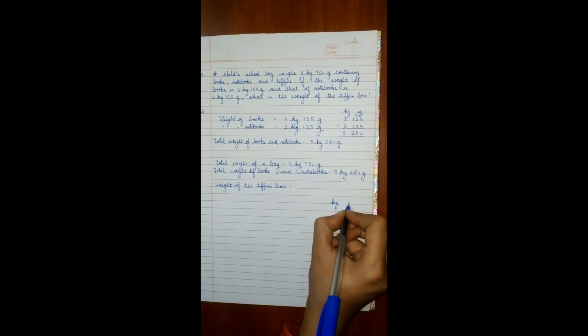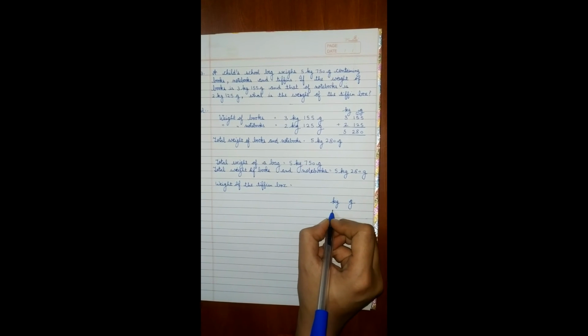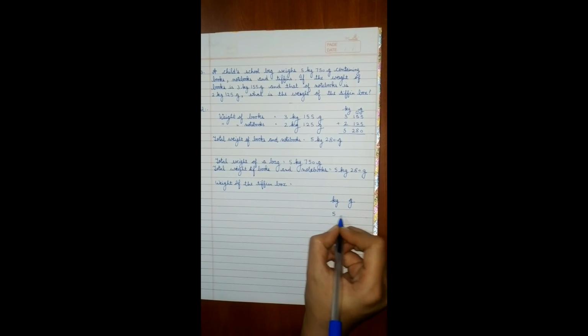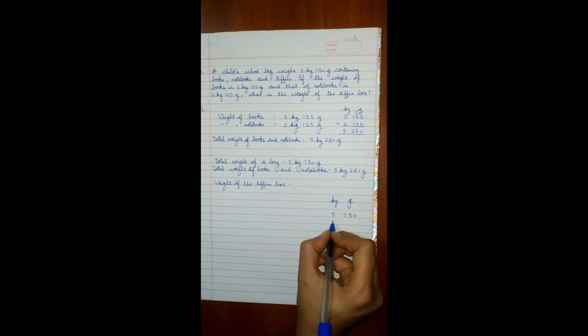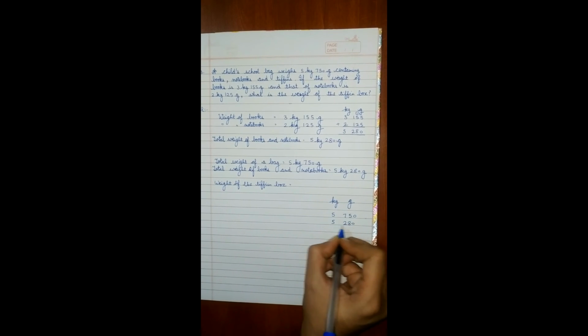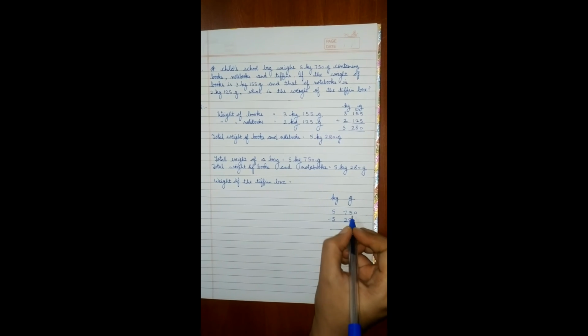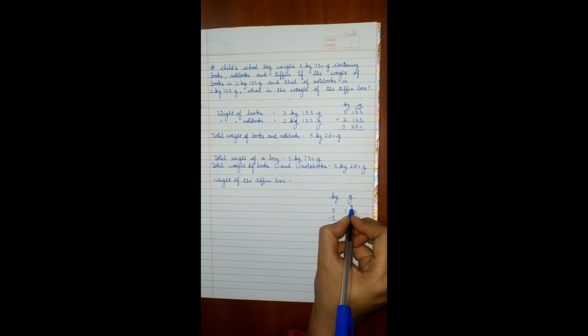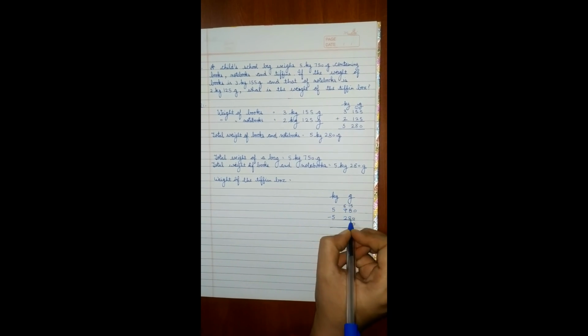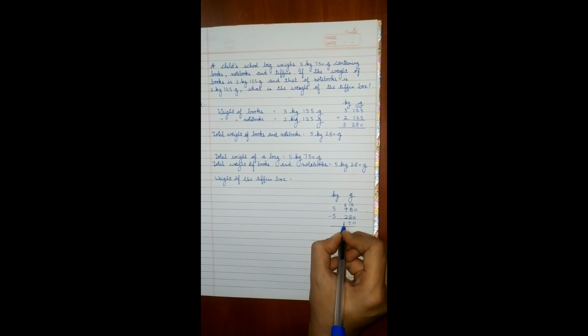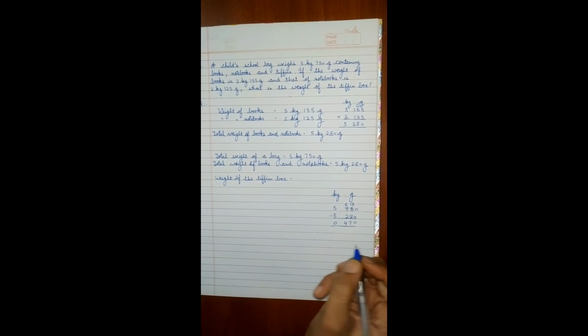Use your rough side. Make 2 columns, kilogram and gram. Put these values, that is 5 kilogram 750 gram and 5 kilogram 280 gram. Do the subtraction here. 0 minus 0, 0. 15 minus 8 is 7. 6 minus 2 is 4. 5 minus 5 is 0.